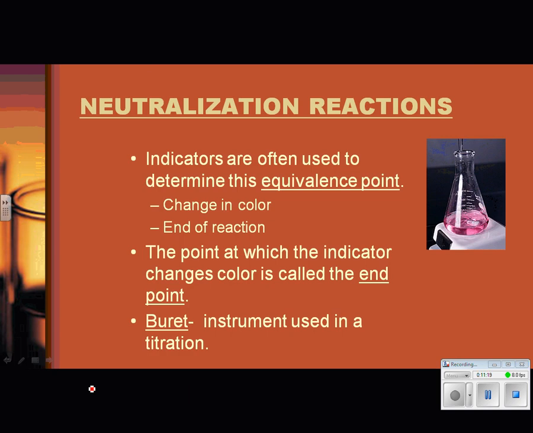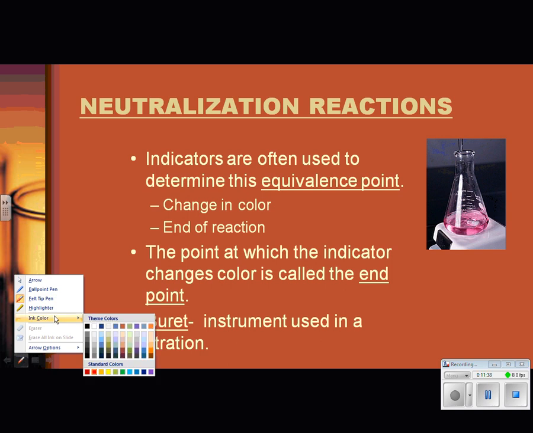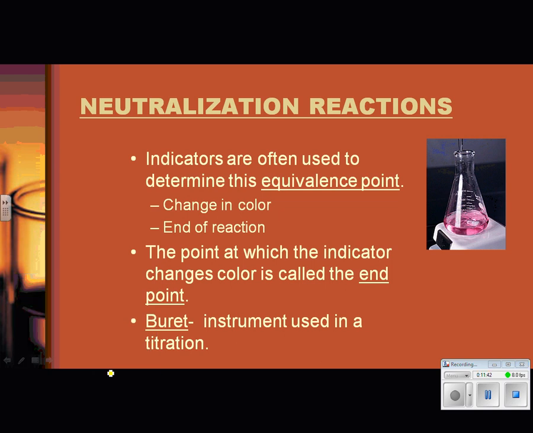Again, indicators help us determine the equivalence point. The reason it's called an equivalence point is because the hydrogen ions equal the hydroxide ions at this point. That's why it's a neutralization reaction. Let's see if I can change that color. Change it to yellow.